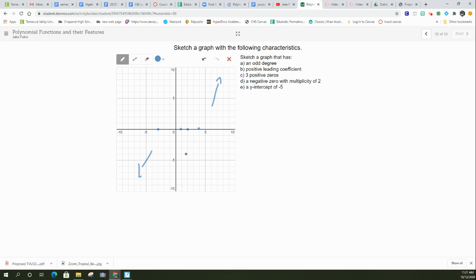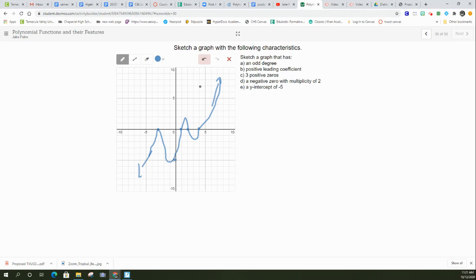All right, and I have a y-intercept at negative 5. And since it has a multiplicity here, as I draw this up, it's going to hit that, right? And it's got to bounce off. Now I know it's got to come back through the y-intercept. It's going to come through there, change direction, change direction. Kind of sloppy there, but that'll work.